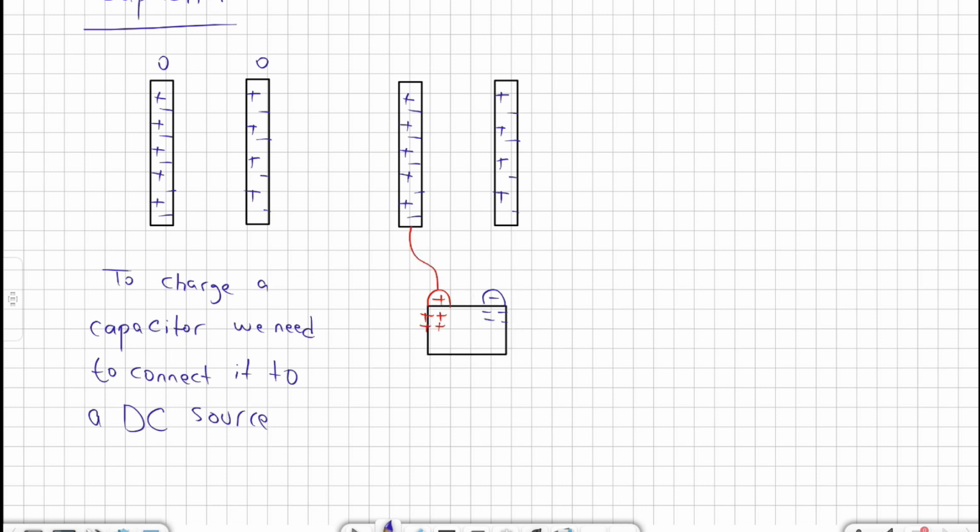Let's connect one side to the positive and the other side to the negative. The positive side will attract all the negatives on the left side, and the negative side will send its extra electrons to the right. The uncharged capacitor had 0 charge on each plate, so the potential difference across it is equal to 0.